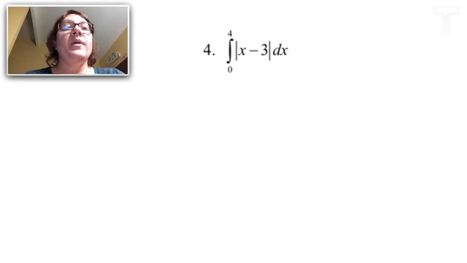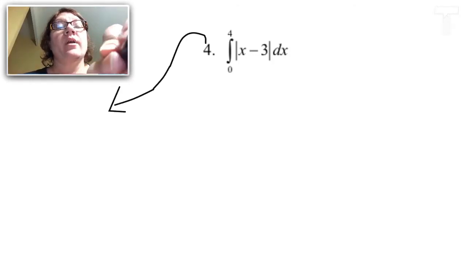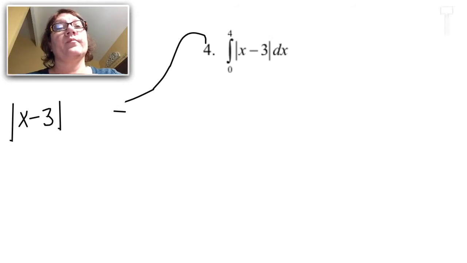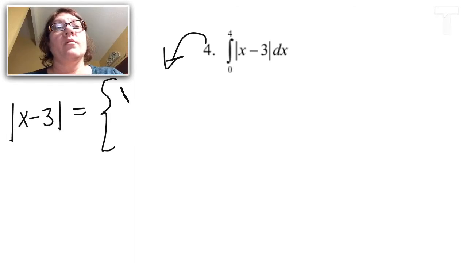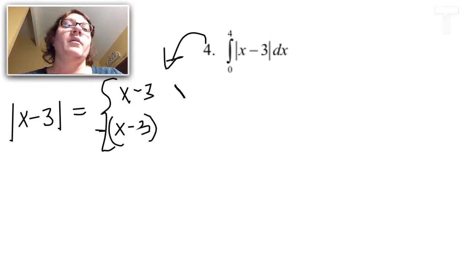So remember, on our piece functions, or our absolute values, this turns into a piece function. Because remember, absolute value, the piece for it is divided up dependent on where it equals 0.